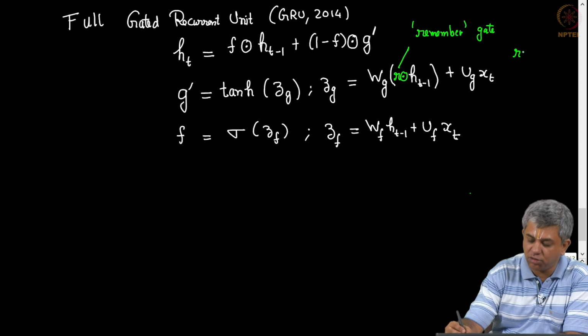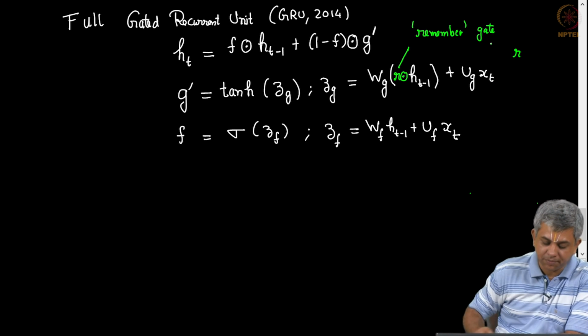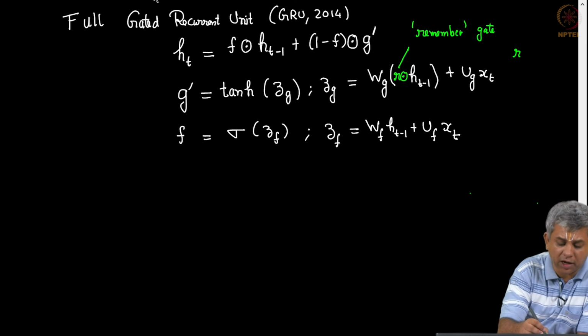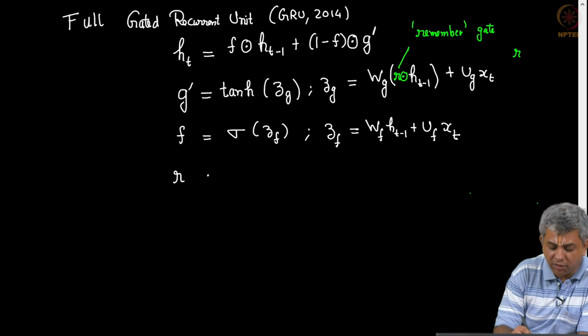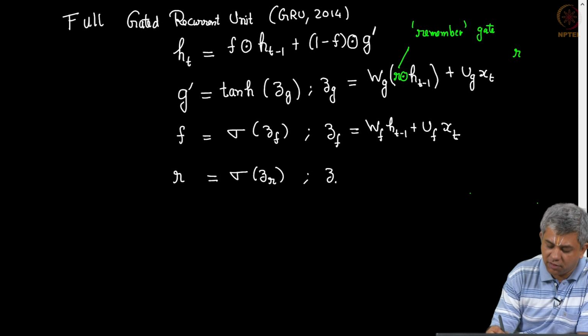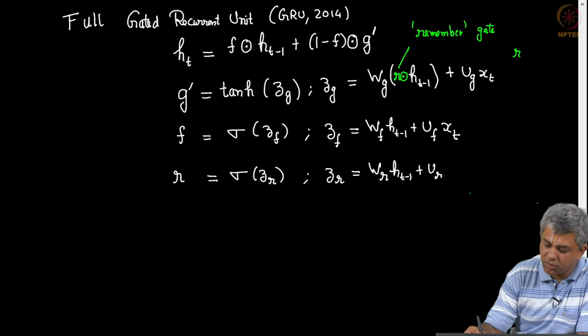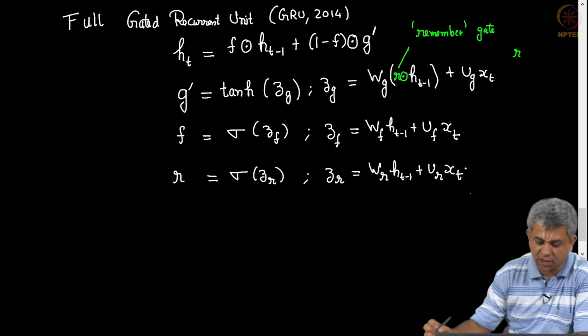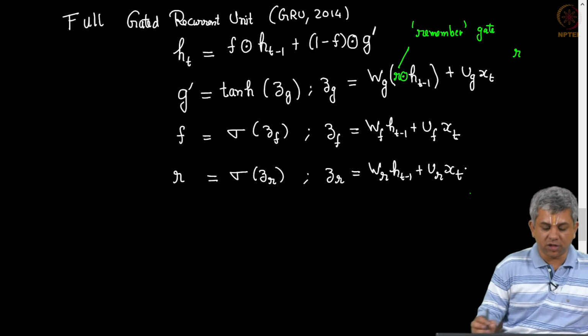R also should be between 0 and 1. Now, what do we do about R? It should be trivial by now for you to understand this. It is simply sigmoid of some other thing called Zr, where Zr is equal to Wr Ht minus 1 plus Ur times Xt. Okay.